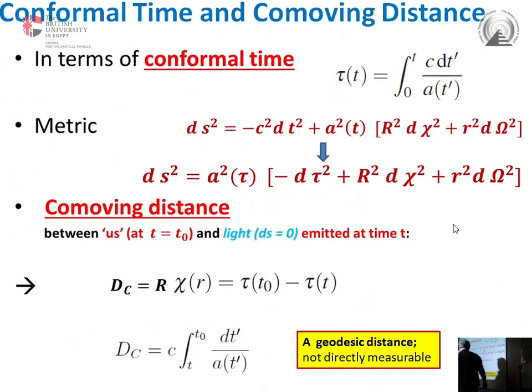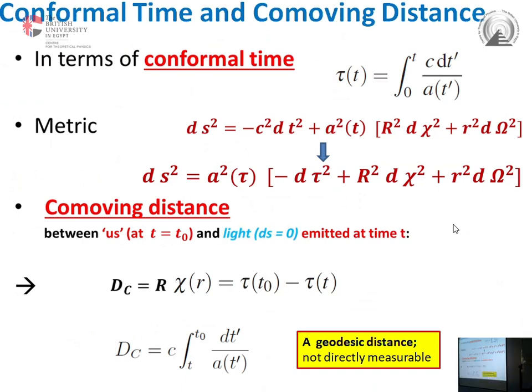Okay? Between something emitted at t and t naught, this is the co-moving distance, taken by simply putting this to 0 and this to 0 and defining that.